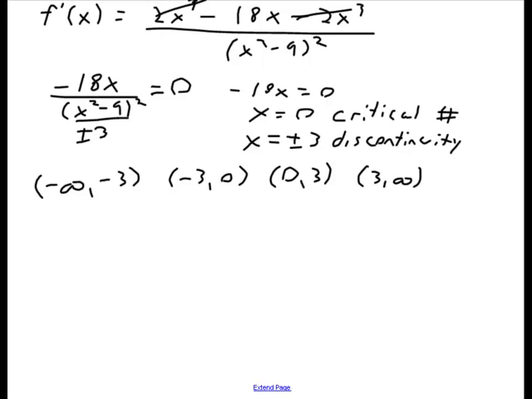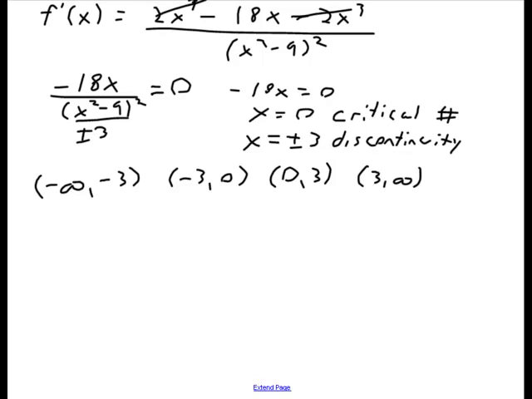And what we're really saying is that 0, negative 3, and positive 3 are points where the graph can change direction, because you can't be increasing and change to decreasing without coming to either an extrema, which we find with those critical numbers, or a discontinuity, an asymptote or something in the graph.